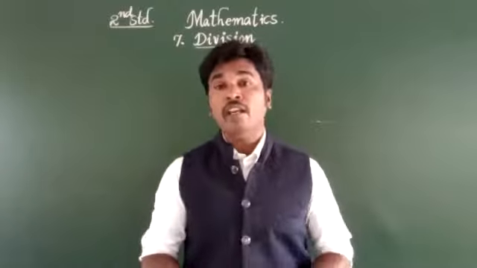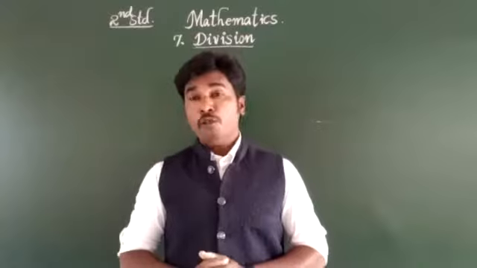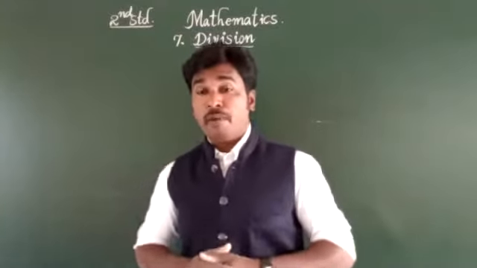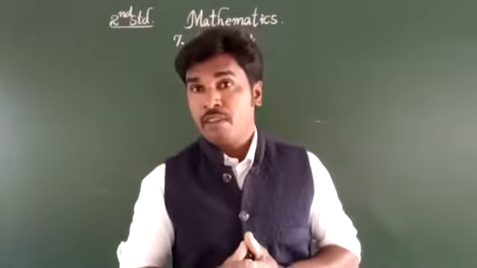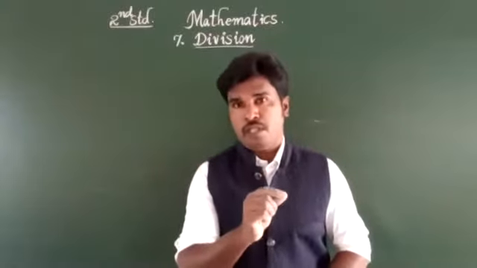Now I am going to take the next exercise given in the textbook. Before that, you should know what is meant by division. The repeated subtraction is called division. Dear children, the answer in division is called the quotient.